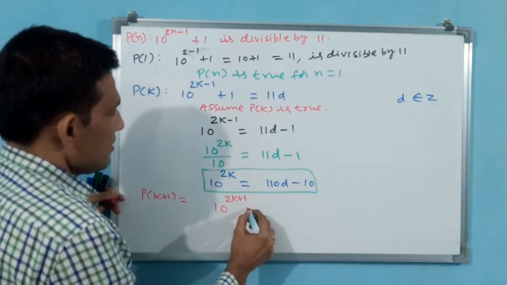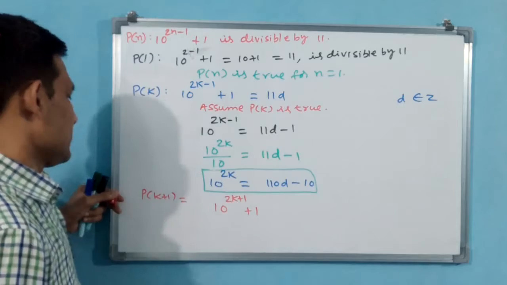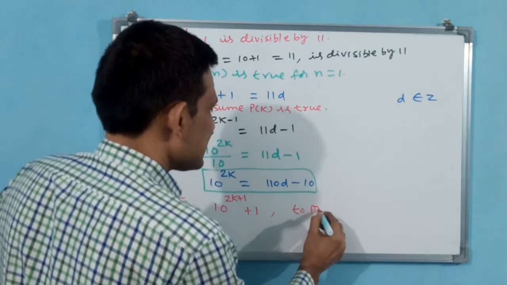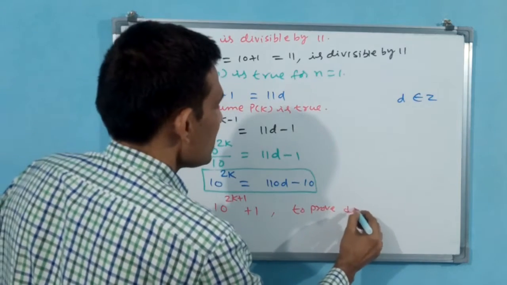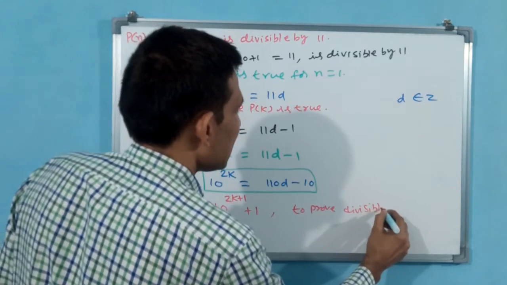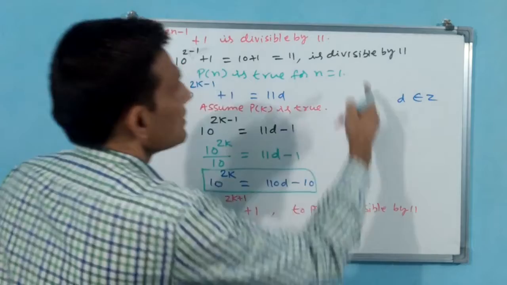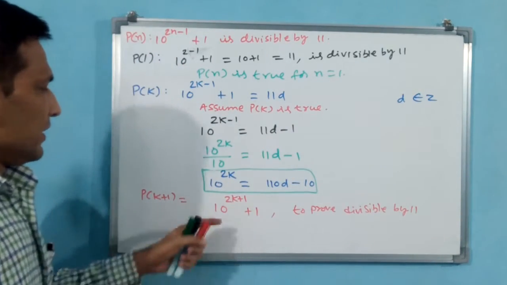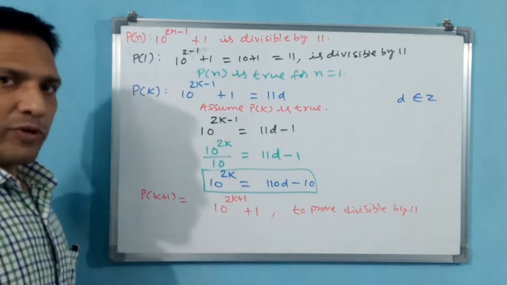Okay. Base plus 1. Okay. Now you see this to prove divisible by 11. Divisible by 11. Okay.